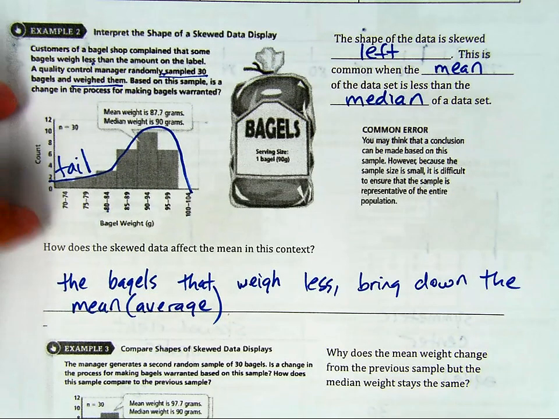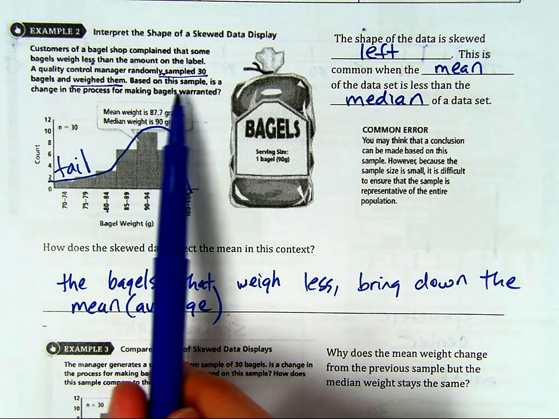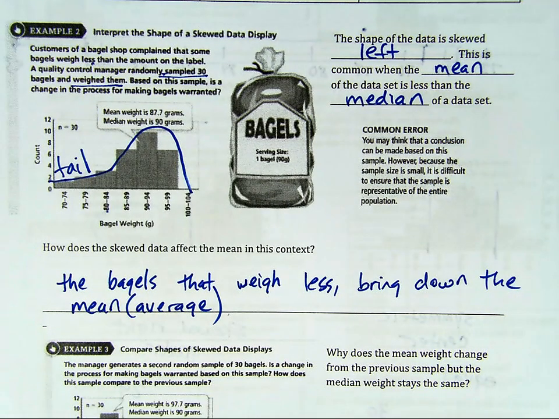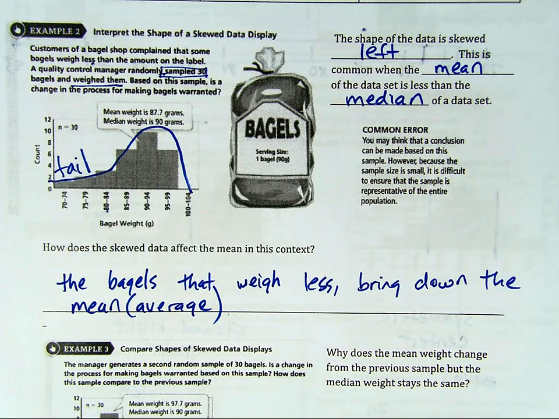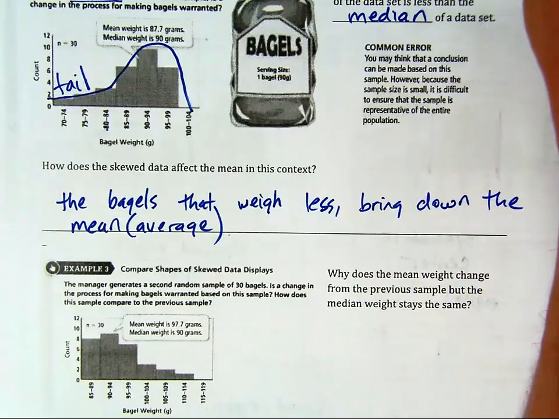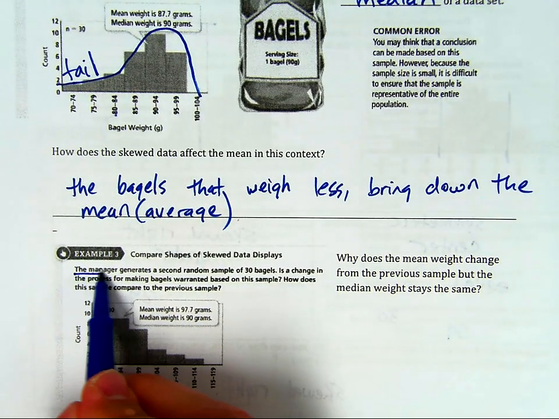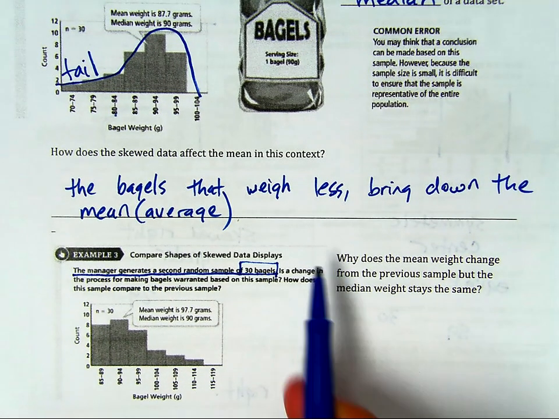So the question we're asking is, based on this, should he change something about it? Well, because we only have a sample of 30, that's not really a big enough sample. So we're going to take a look at the next one to see if we need to change. Now example 3: we have the same type of thing, but the manager generates a second random sample of 30 bagels. So we're checking to see if a change is warranted.